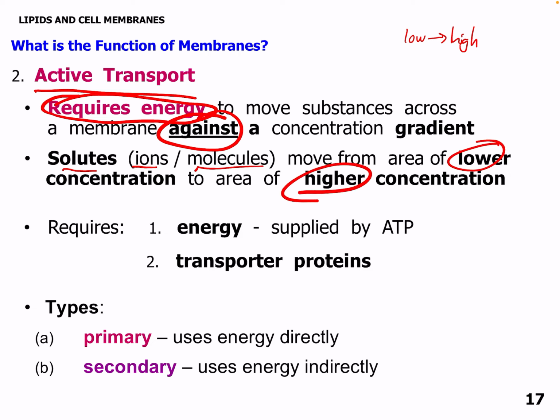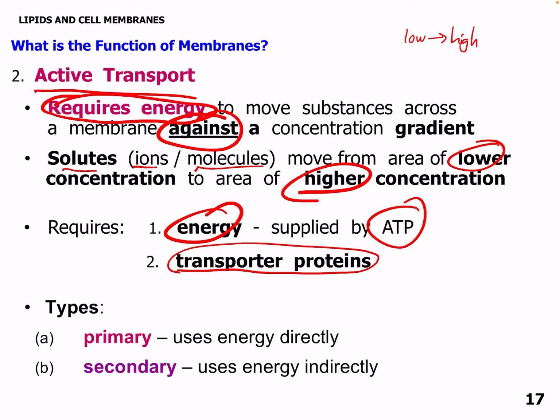So in active transport, we need energy supplied by ATP, like we mentioned, and transporter proteins. So there's several specialized transporter proteins we'll talk about in physiology. So one's for thyroxine, iodine, or thyroid stimulating hormone. A bunch of different hormones have different transporter receptors and stuff like that. So there's a bunch. So again, there's primary, which uses energy directly, and secondary, which uses energy indirectly.